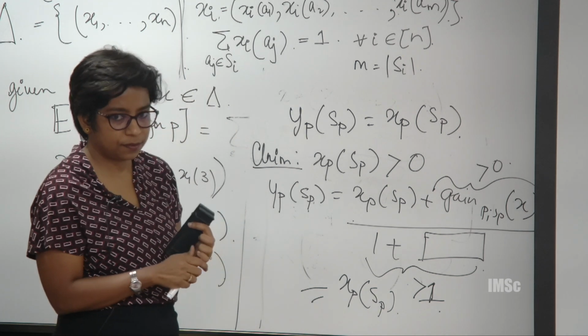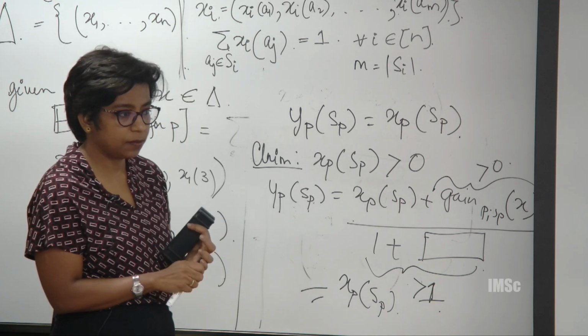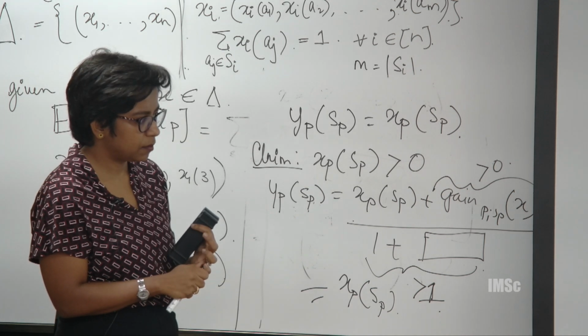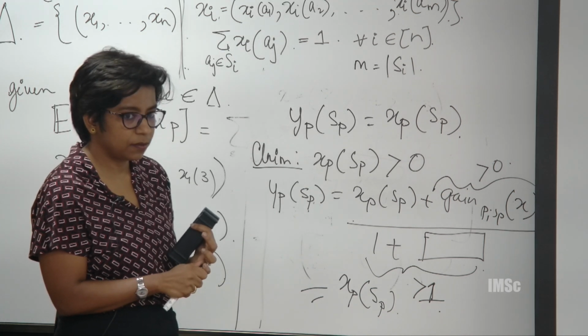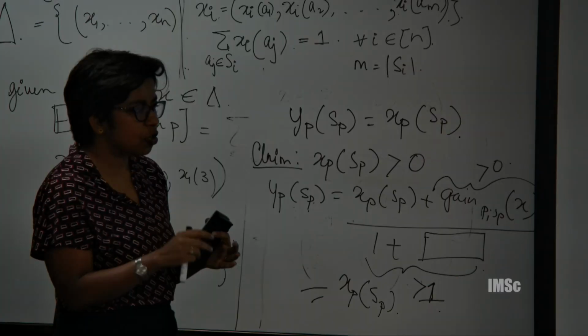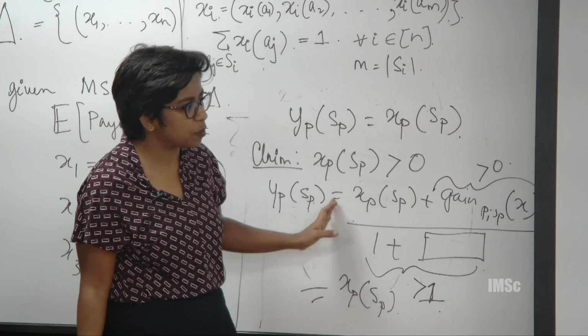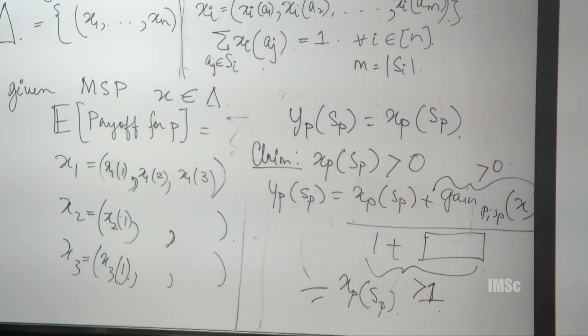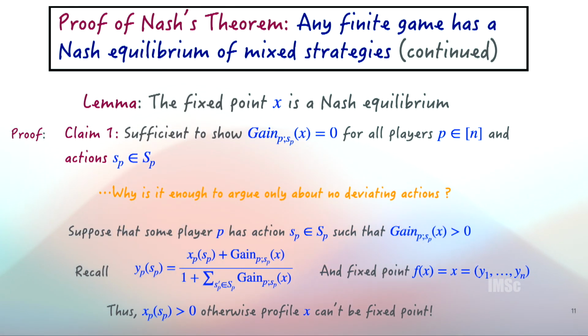We can argue that if X_p(s_p) is 0, then the gain should be 0, but that contradicts the fact that gain is greater than 0. Yes. But up until here, what did we assume? We just said, if the gain were actually equal to 0, we are done, right. So, we are saying suppose this is greater than 0.